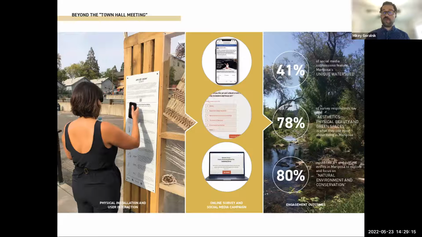That was coupled with the more subjective, qualitative information that we were getting from the This Must Be the Place activity, which, like Kim mentioned, prompted people to provide one photo and a two-line caption for what their favorite place is in Mariposa.